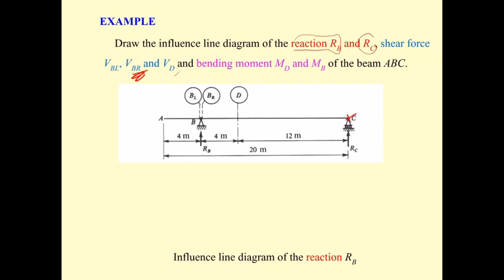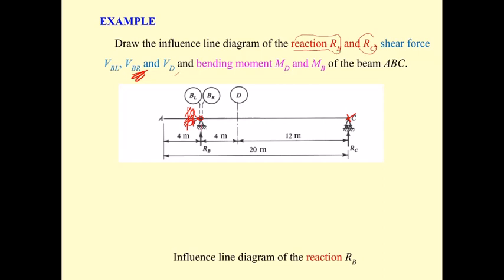We release, or we eliminate, the ability of this pin in resisting R sub B. So this pin support will change to this roller support that has the ability to resist only the force in the x direction.